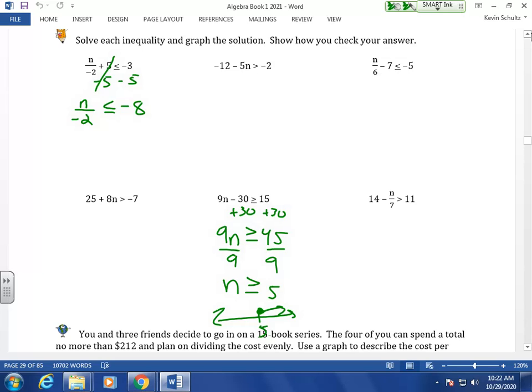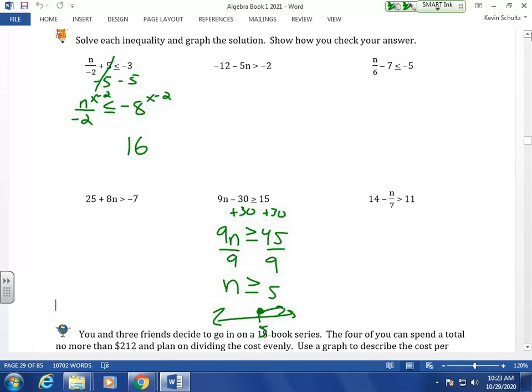Second step, we are dividing n by -2, so to undo that, we're multiplying by -2. Sign flip? Yes. Multiplying by -2 changes the -8 to a positive 16.